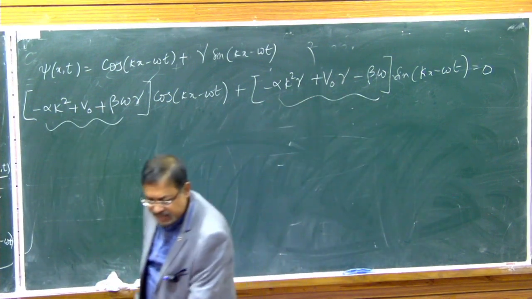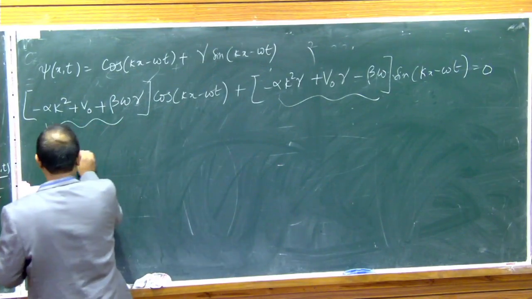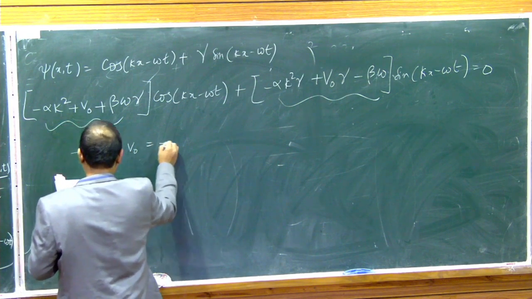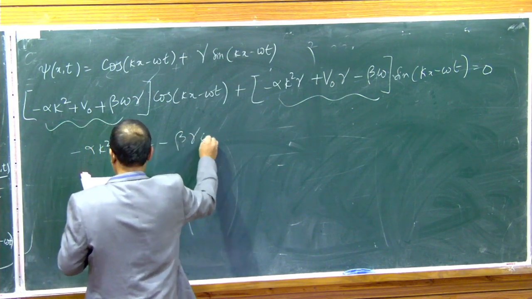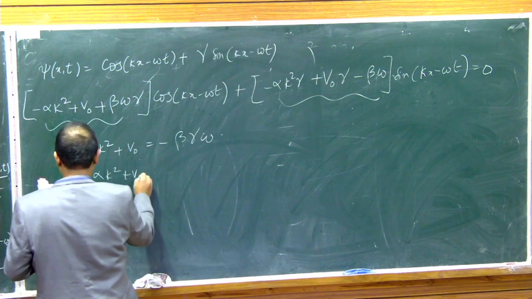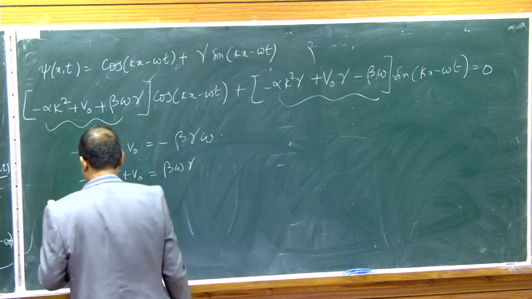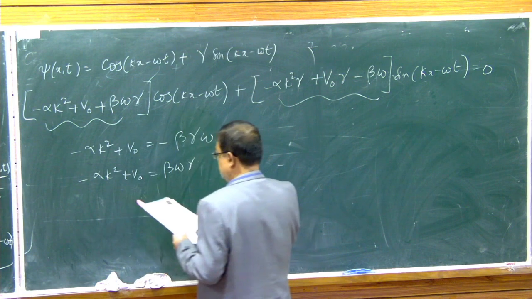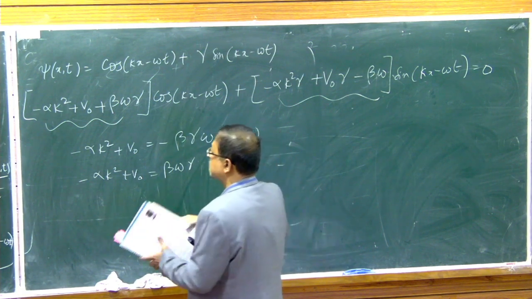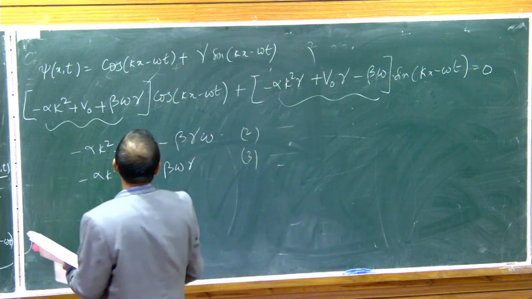And the coefficients vanishing will give me two equations: minus alpha k squared plus alpha v naught is equal to minus beta gamma omega, and minus alpha k squared plus v naught equal to beta omega gamma. You can call them equations 2 and 3, and the original equation, that is equation 1, which is this one.